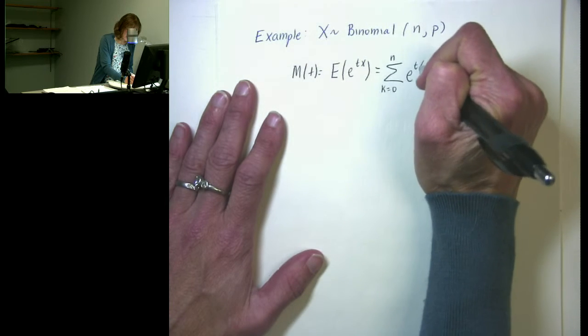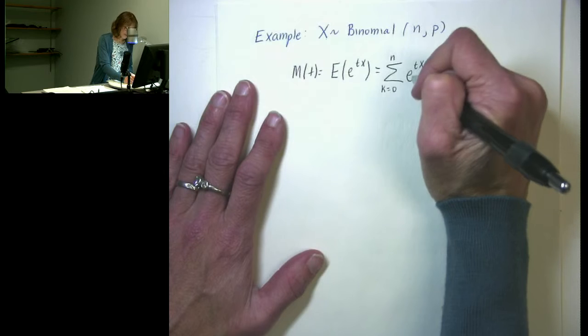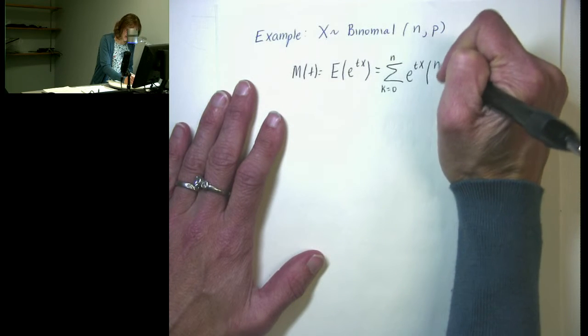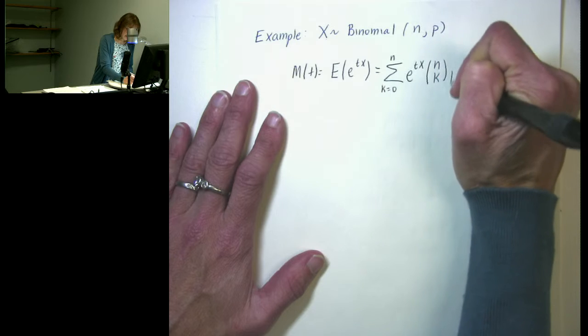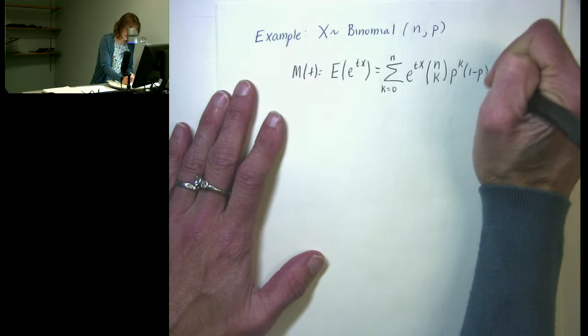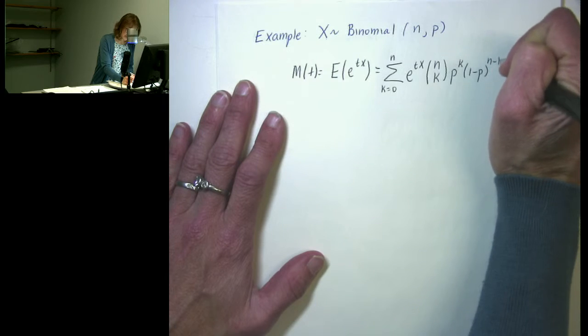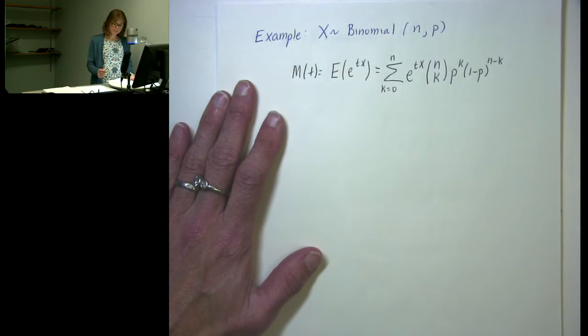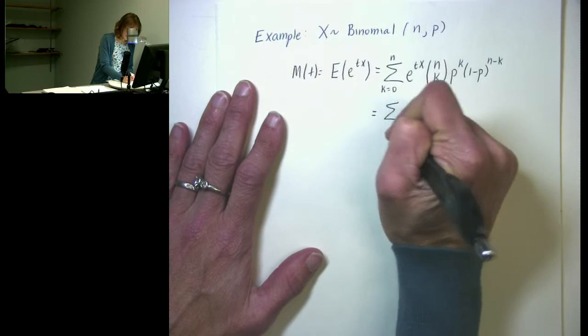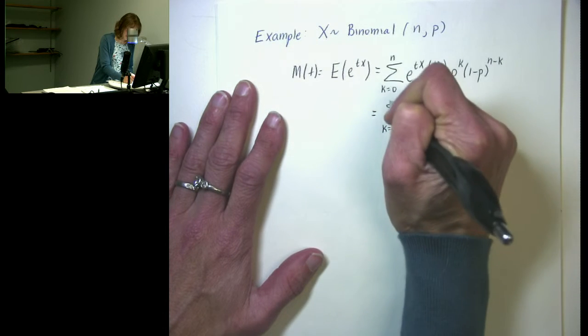E to the tx times the probability that x equals k, which would be n choose k times p to the k power times 1 minus p to the n minus k power. Doing a little bit of math.